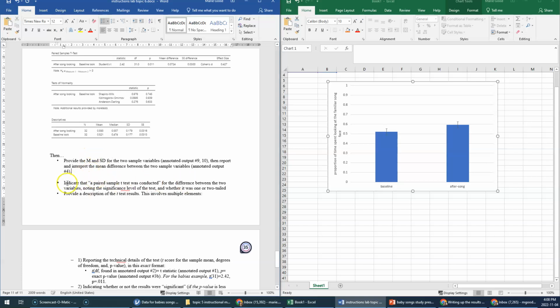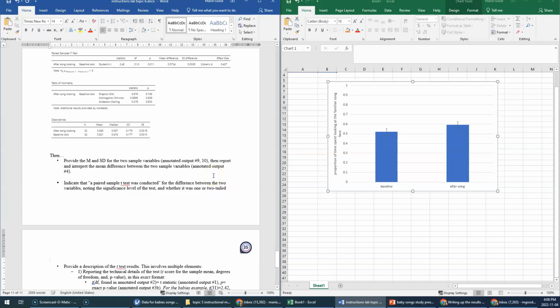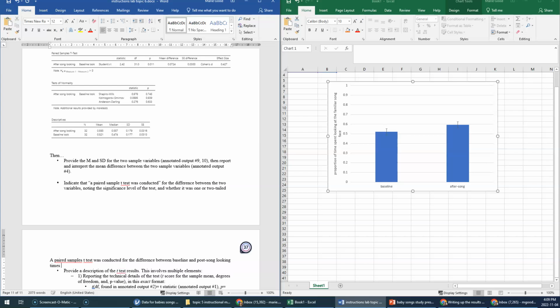So after we've done that, we're going to indicate that a paired sample t-test was conducted for the difference between the two variables, noting the significance level of the test and whether it was one or two-tailed. So let's say a paired samples t-test, or you could say dependent means t-test, it's also totally fine, was conducted for the difference between baseline and post-song looking times.